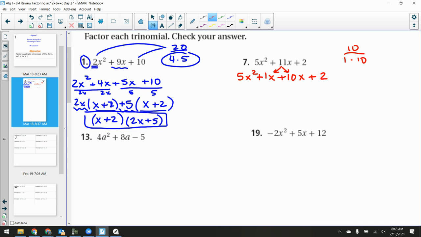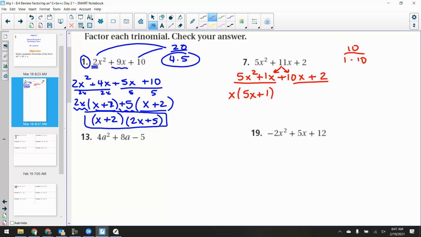So, Liam, what's my GCF of my first two terms that I have here? 5x and 2. You put the 10 first. So what I have right here, what's my GCF of these two terms? 1x. Good. So when I divide that out, I have a 5x plus 1 left over.